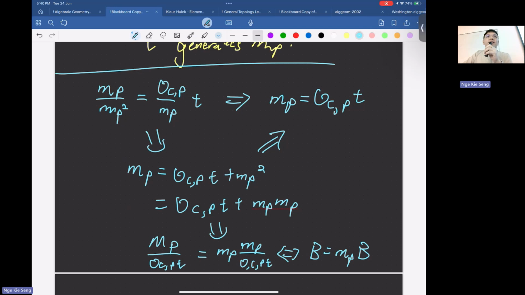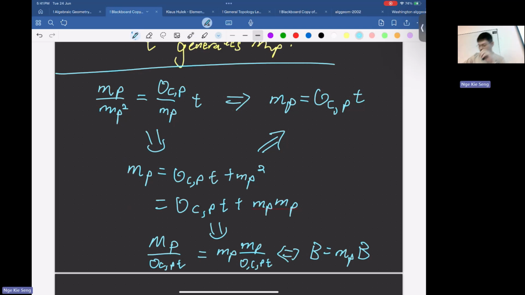Nakayama's lemma. What does Nakayama's lemma tell you? If MP is a proper ideal, then MP times B cannot equal B if B is non-zero. But now equal means what? B must be 0.